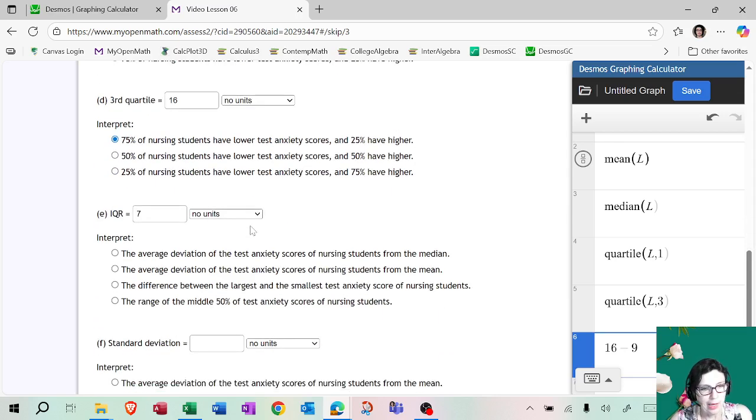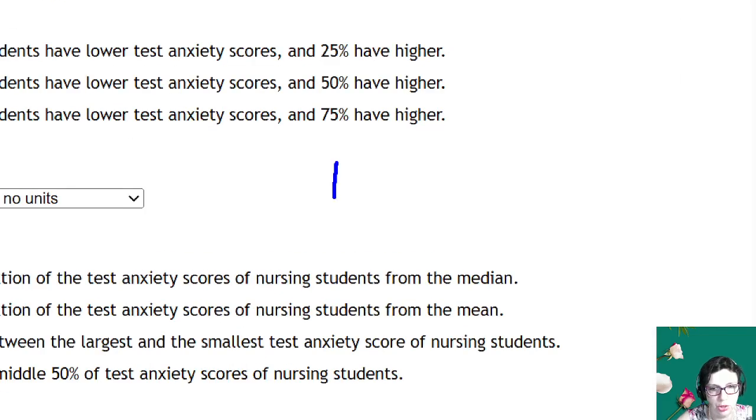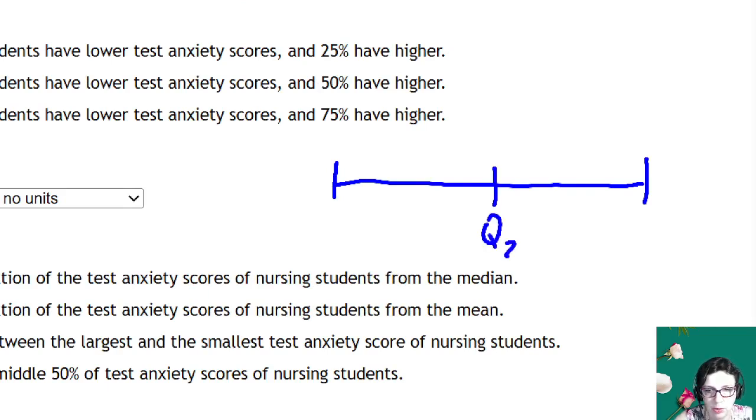Okay. And for the interquartile range, now this is the most common mistake people make. They do not understand what it is. So let me try to draw you the situation. Imagine that this is all your data, right? And then you divide it in half. This is the median, Q2. Then divide it in half again. This is the first quartile. This is the third quartile.